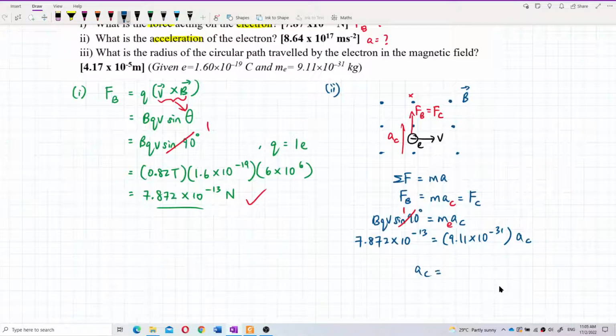So what is my centripetal acceleration? 7.872 exponent negative 13 divided by 9.11 exponent negative 31. So it is 8.64 exponent 17 meter per second square.